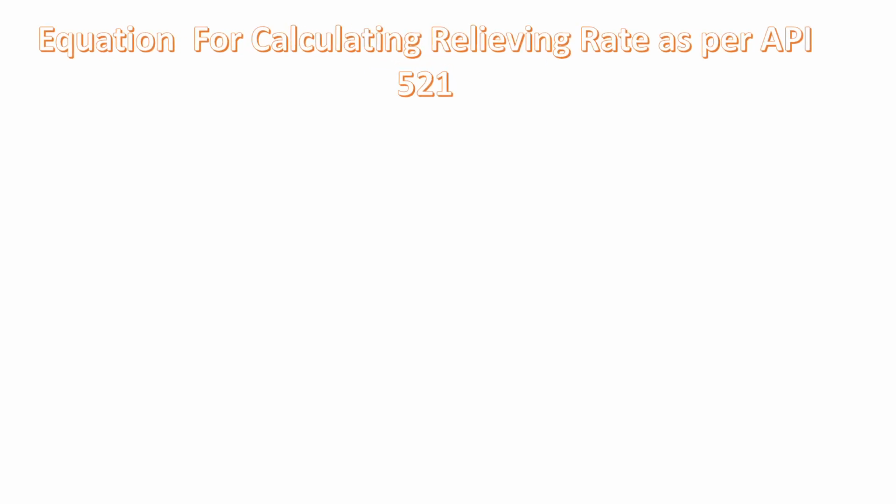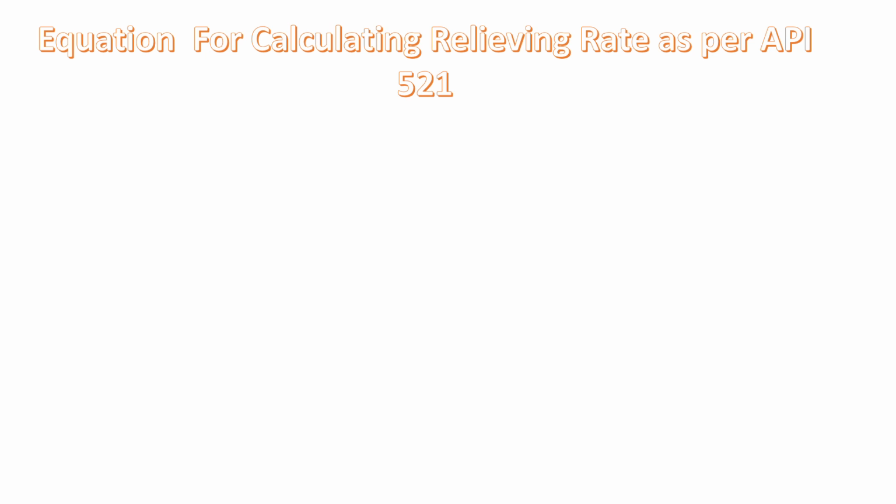So as you know, we'll get the basic equations for the sizing of an orifice, the type of orifice selection, or what would be the orifice area for the safety valve. But it's a little bit difficult to get the equation easily to calculate the relieving rate of the liquid or gases.